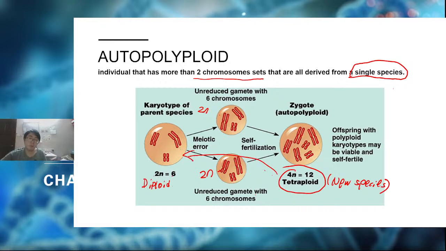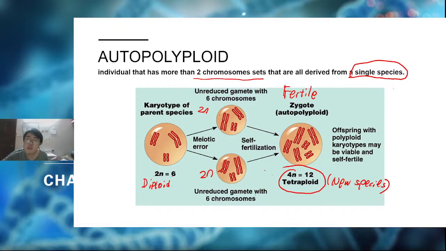And for the autopolyploid, the anak is fertile. Why is it fertile? Because the chromosomes inside are the same, since they come from the same species. Ibu bapa mereka adalah species yang sama, so their chromosomes are almost the same. Just that in the meiosis process, the chromosomes are not separated.